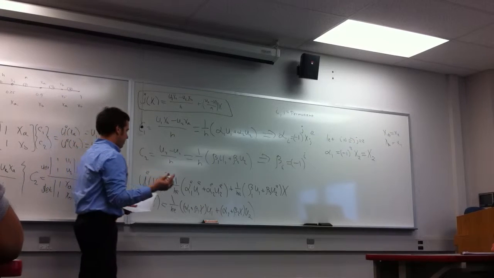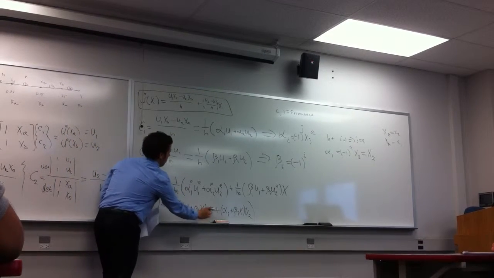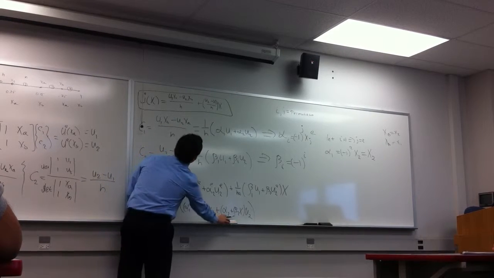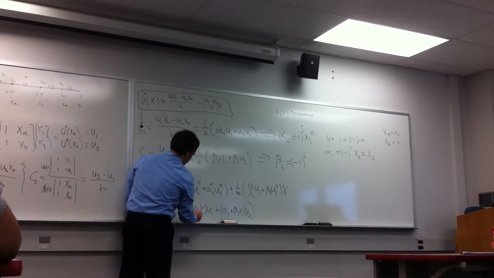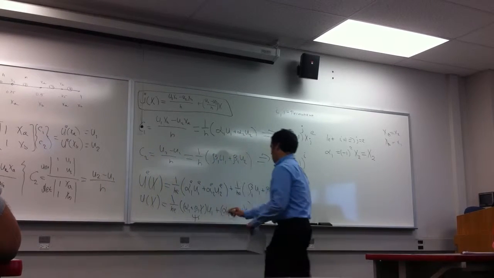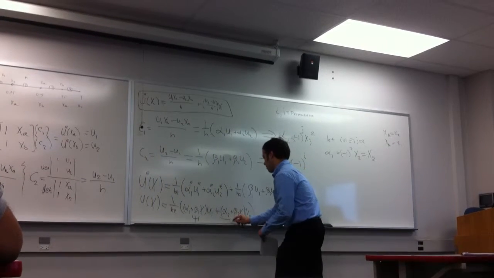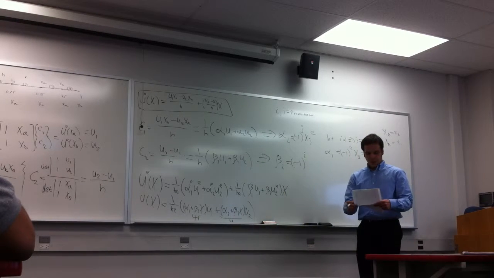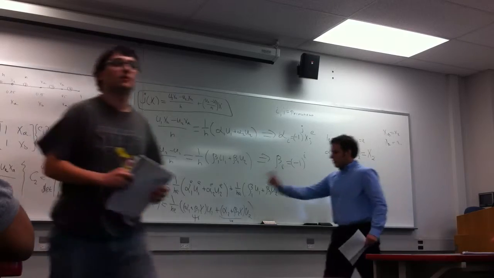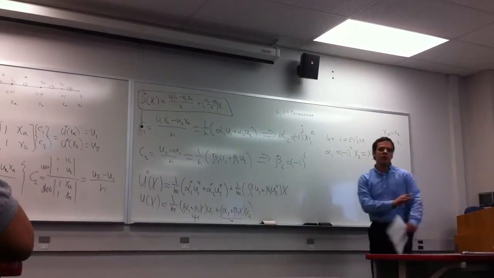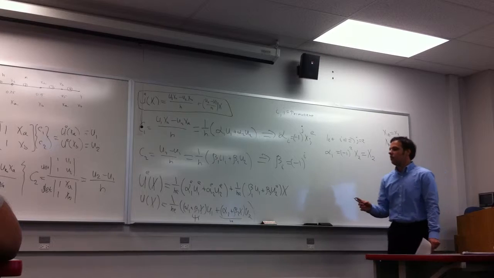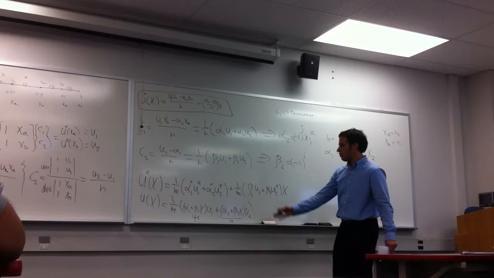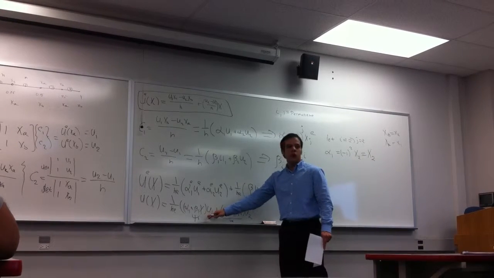And now the next step is to call whatever multiplies U1 as P1, and whatever multiplies U2, call it P2. All right? And these things, P1 and P2, we'll call interpolation functions. That means that if you give me any x, the solution will be some portion of U1 and some portion of U2.